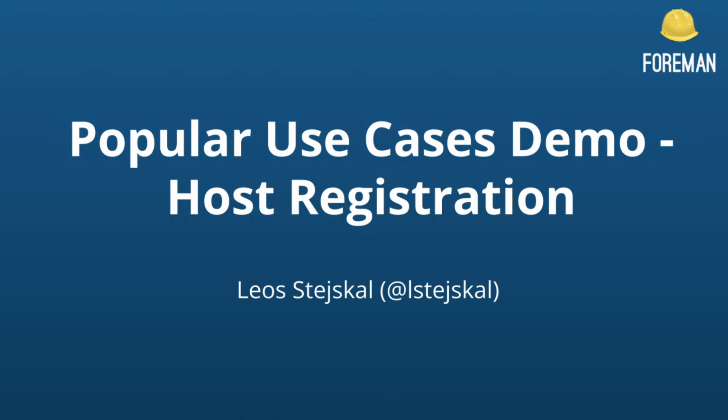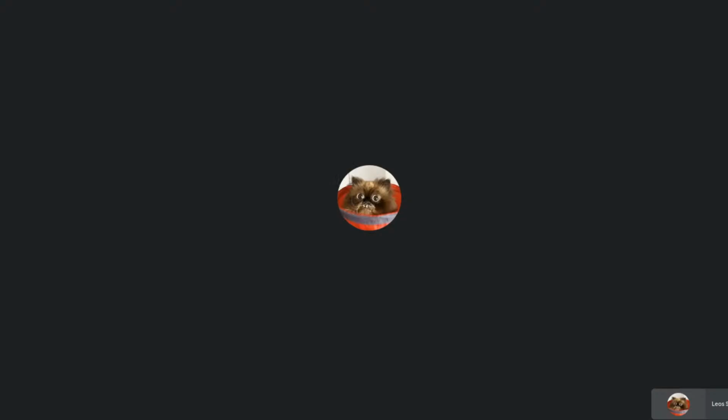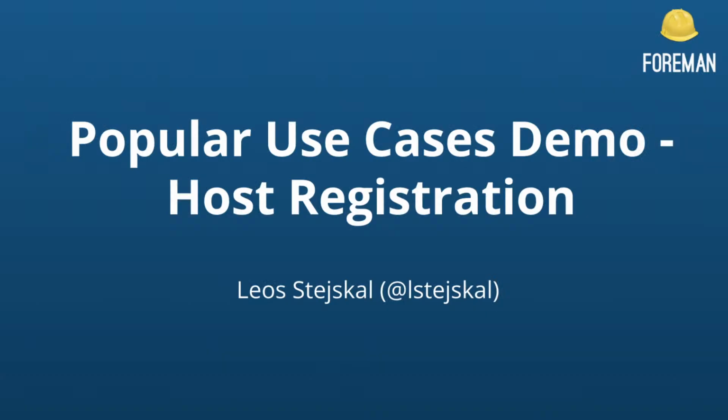All right, so I'm going to talk about registering hosts to the Foreman. I will be talking about the global registration, which is a built-in function in the Foreman core. And then I will also show a use case for our Ansible callback, where we automatically create hosts from the facts that we got from Ansible.